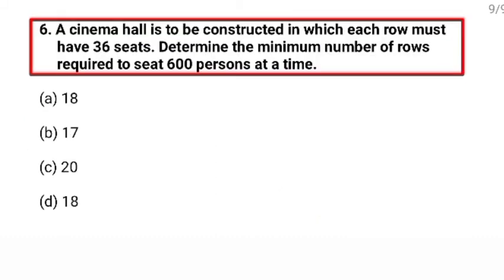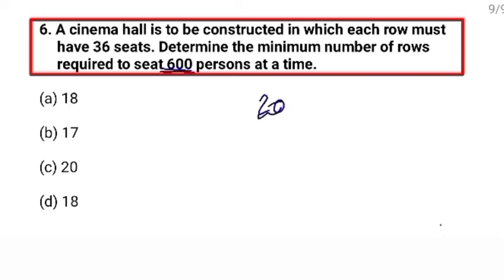Next, question number 6. A cinema hall is to be constructed in which each row must have 36 seats. Determine the minimum number of rows required to seat 600 persons at a time. Students, let us understand with an example. Suppose you have 20 chocolates, right?